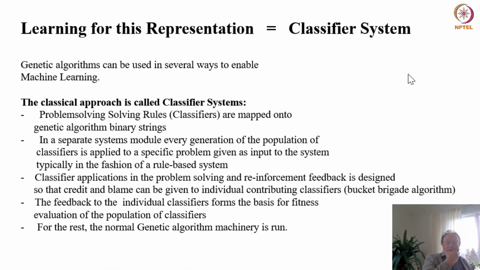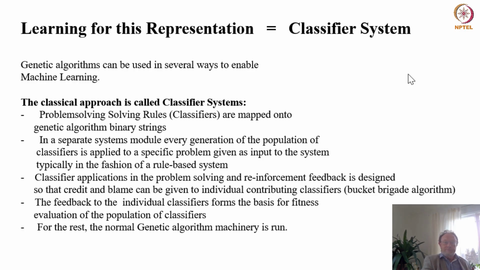So then the question is how do genetic algorithms relate to learning? Of course there can be many possible connections here, but the one I want to mention at this point is called classifier systems.